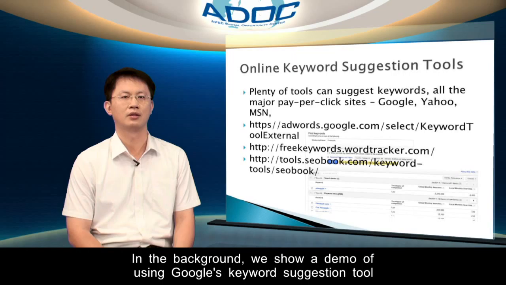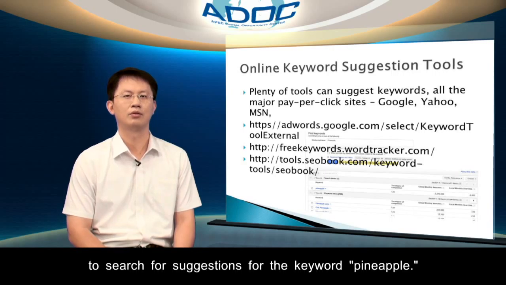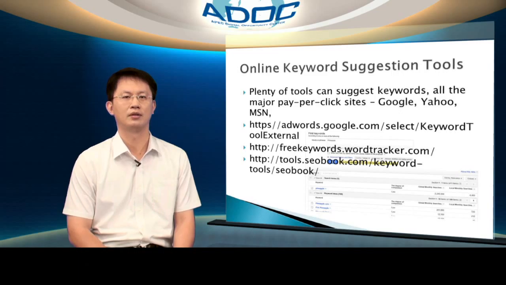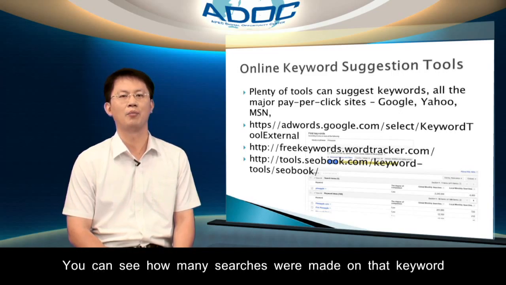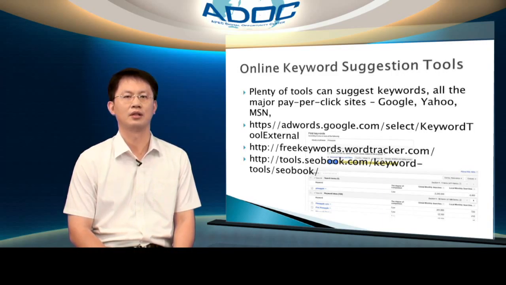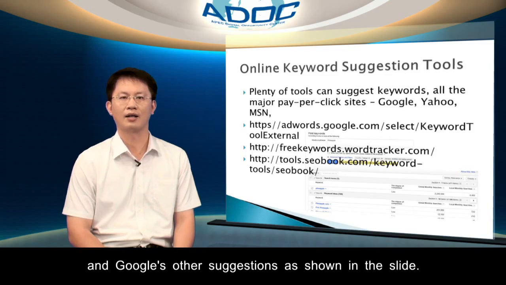In the background, we show a demo of using Google's keyword suggestion tool to search for suggestions for the keyword pineapple. You can see how many searches were made on the keyword and Google's other suggestions as shown in the slide.